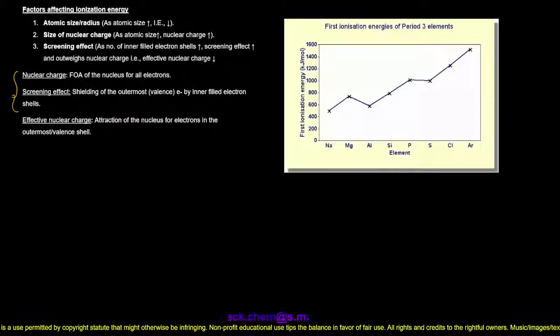The 1 electron that we are removing from each atom must be removed from the valence shell. So as atomic size increases, this means that electron in that valence shell is going further away from the nucleus. So it's going to take less energy to remove it.